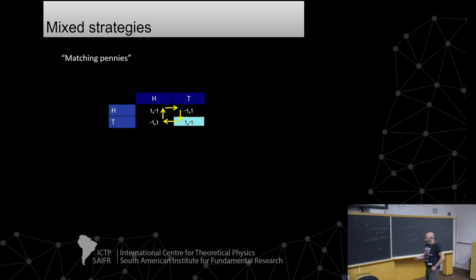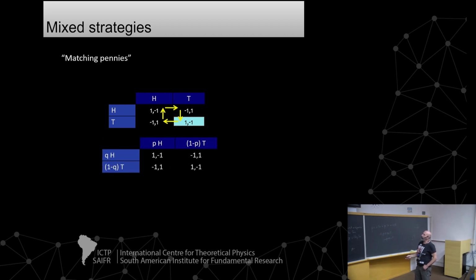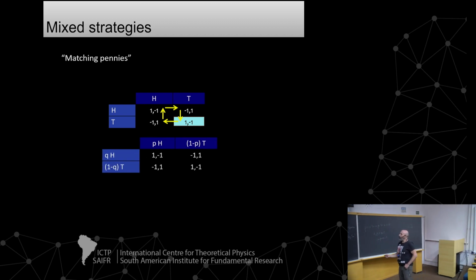So what we will do is the following. Suppose that we have a probability P of choosing head for the column and a probability Q of choosing head for the file. So the file will choose head with a probability Q, and tail with a probability 1 minus Q, and the same with the column.